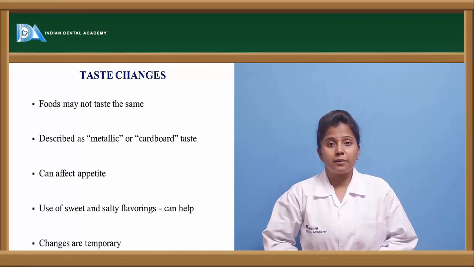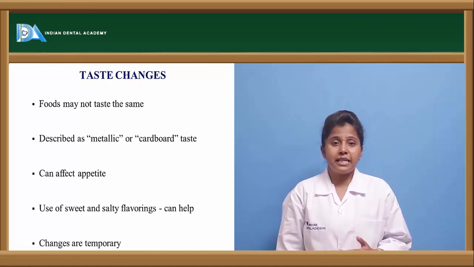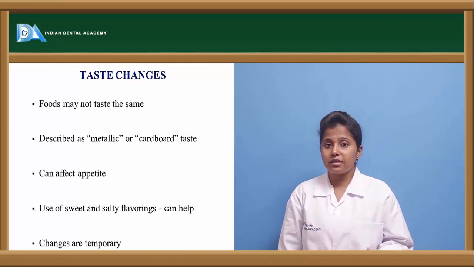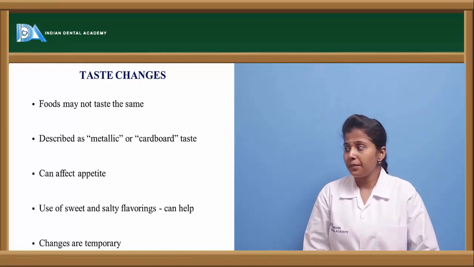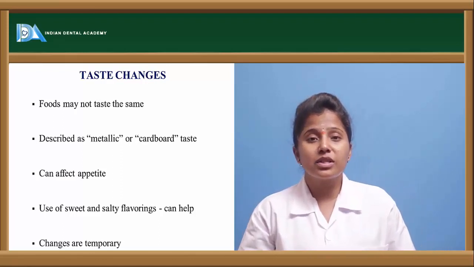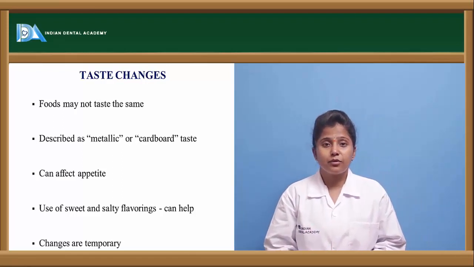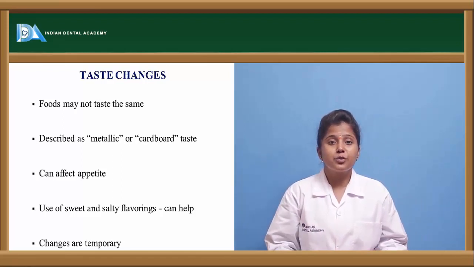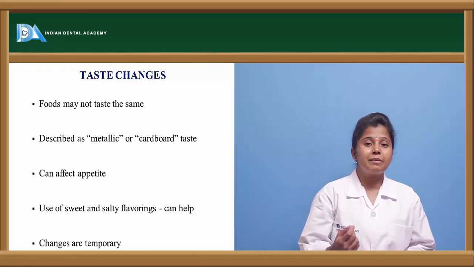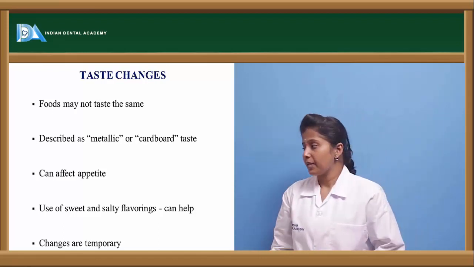The patient's appetite can be altered because of the metallic or cardboard-like taste. In these conditions, in the drugs we have to use some sweetening agents and flavoring agents in order to make the formulation sweeter, or tasty, and thereby the person can take it easily.